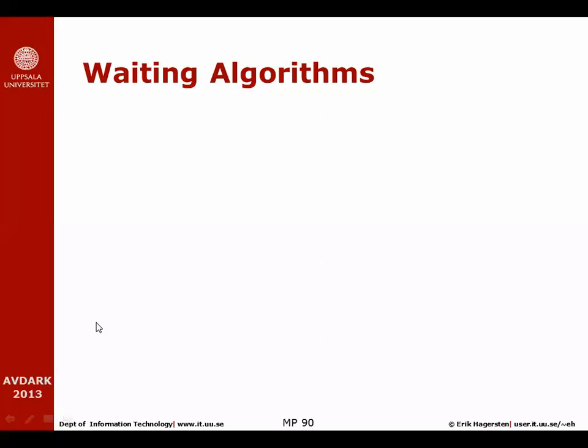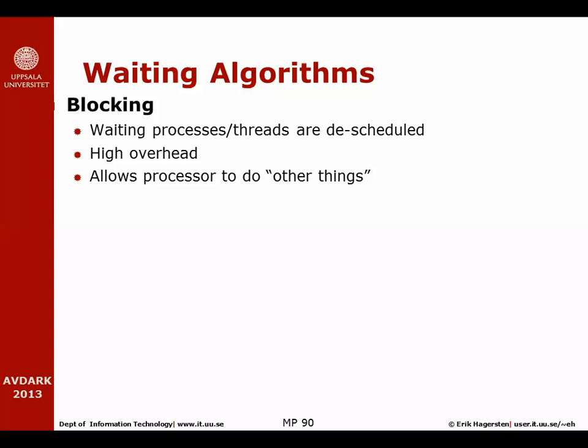Now we're going to discuss the different ways of waiting as well. The acquiring is done with the atomic operation. The waiting is either done as a blocking wait, for example in conjunction with the operating system.